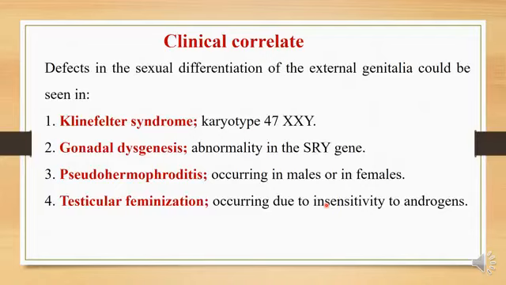Second, gonadal dysgenesis, an abnormality in the sex-determining region on the Y gene. Third, pseudohermaphroditism occurring in the male or in the female. Fourth, testicular feminization occurring due to insensitivity to androgen.